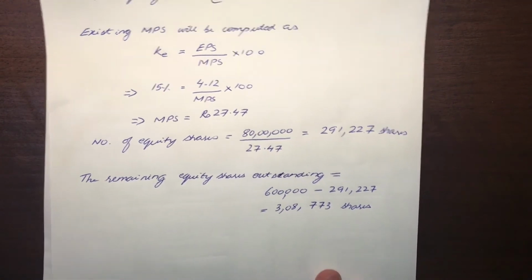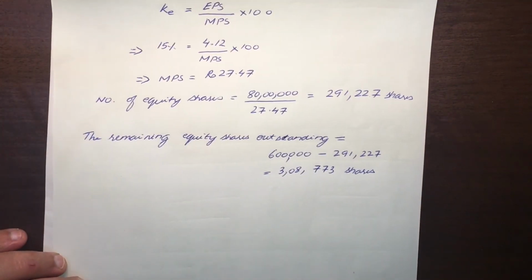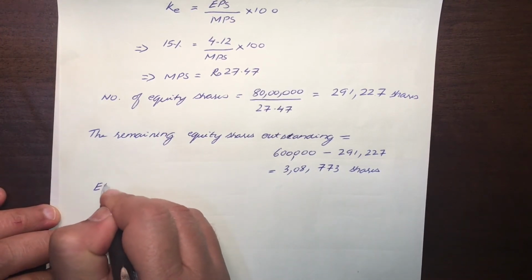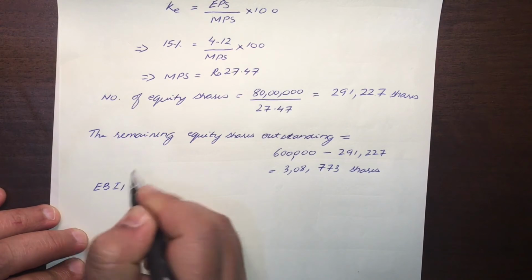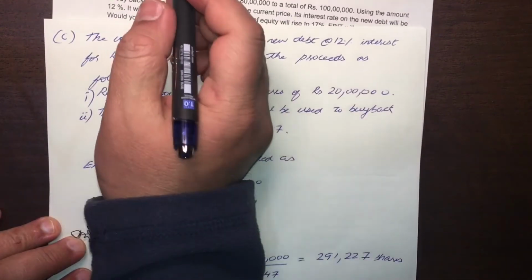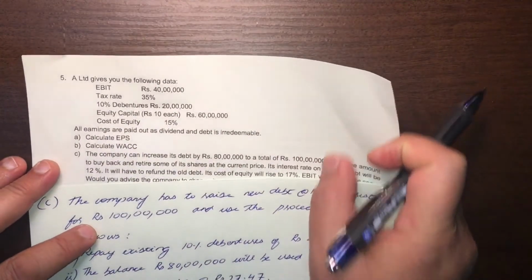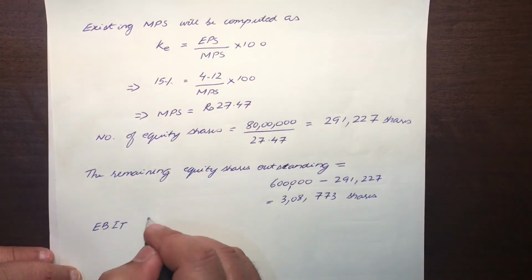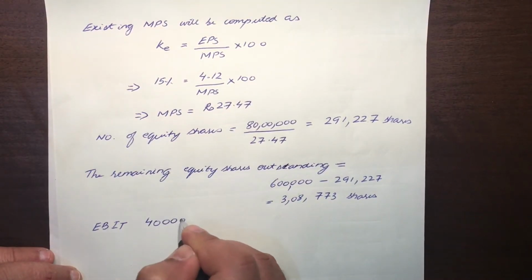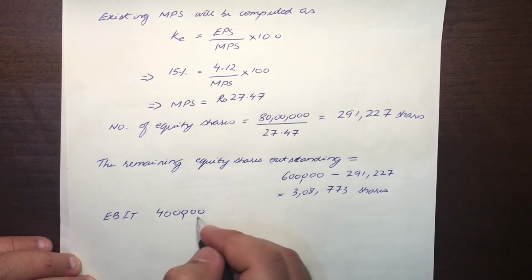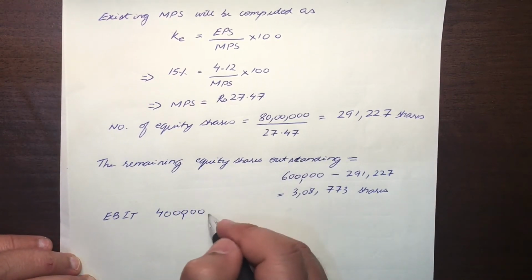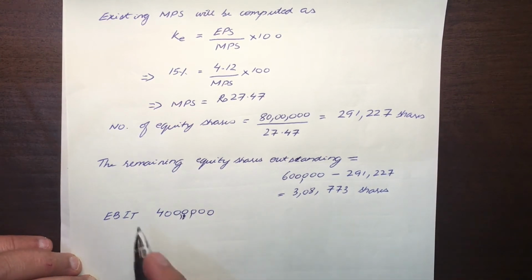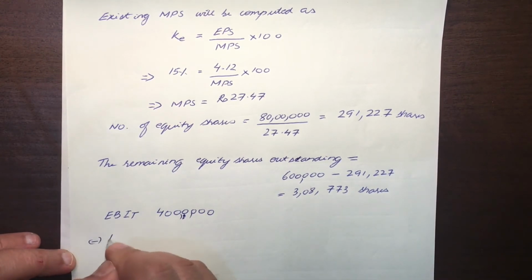Now find out EBIT. Now EBIT will remain the same. Okay, 40 lakhs. Wait, made a mistake. 40 lakhs. All right, minus interest.